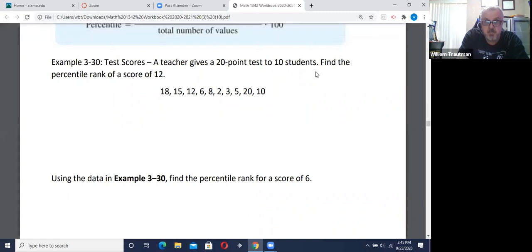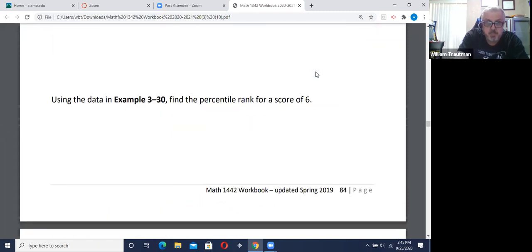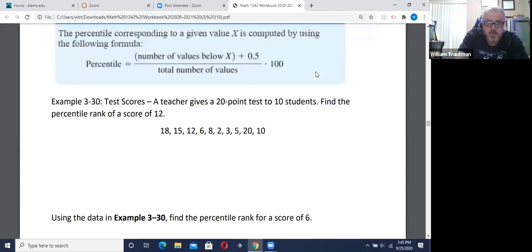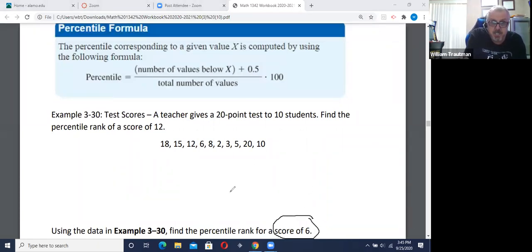Find the percentile for the score of 6. So we're going to do the next one. I'm assuming it's the same data, yeah. So now we're going to do this one down here for a score of 6. There were 10 total. We're going to add 0.5, multiply by 100. There were 1, 2, 3 scores below 6.